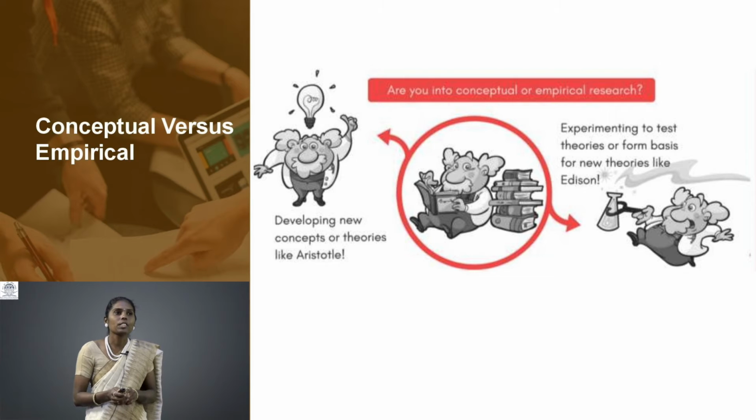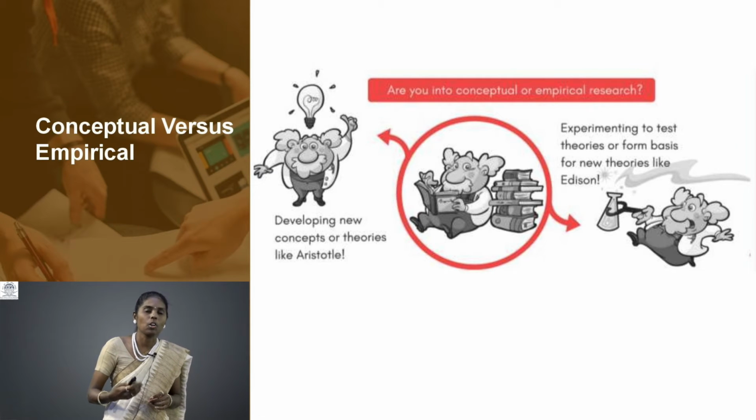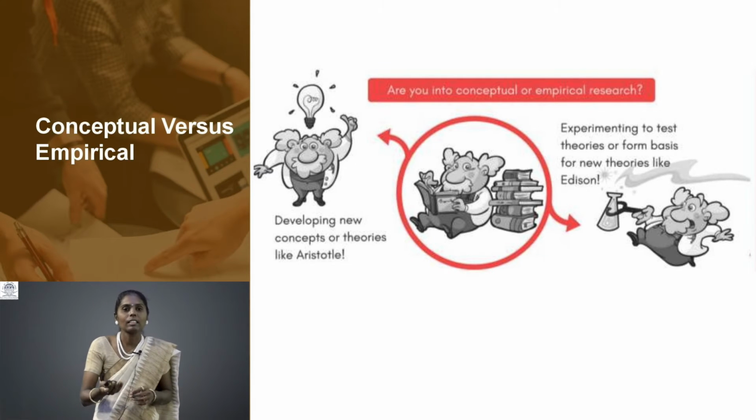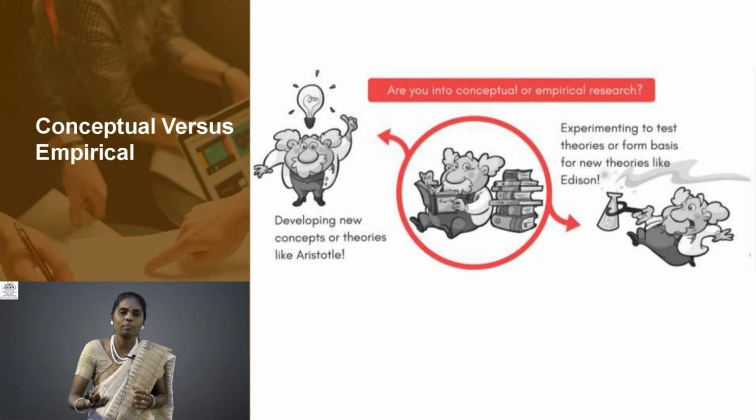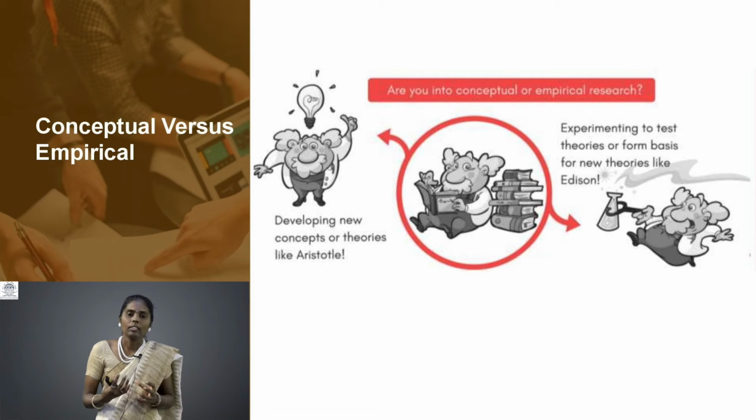So conceptual research is developing new concepts or theories, like the one which I mentioned about self-efficacy theory or a learning theory. That's conceptual research, right? Developing new concepts or theories.